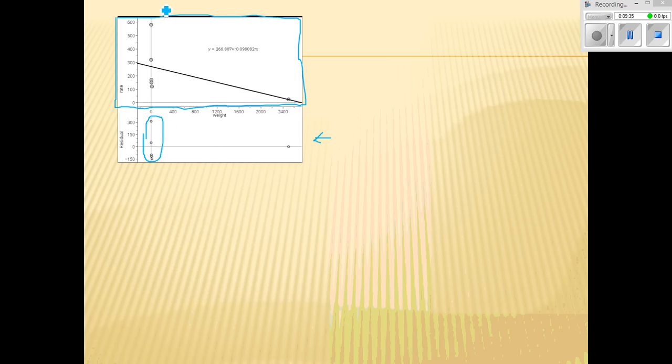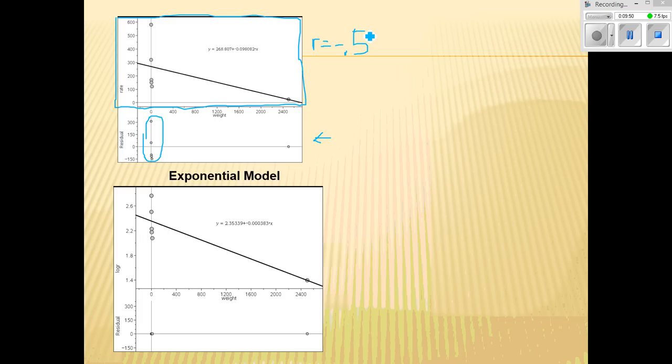There's definitely something happening, so this tells me a linear model is not a good fit. If I'm not mistaken, I believe the R here is something around -0.5, which is not that great of a correlation coefficient anyway. So step one, go ahead and run it through the exponential model, which means we're now doing x versus log of y.